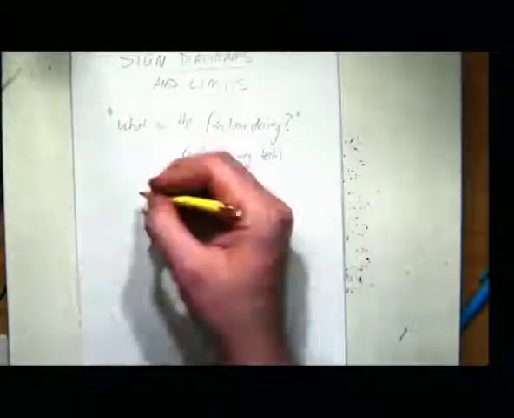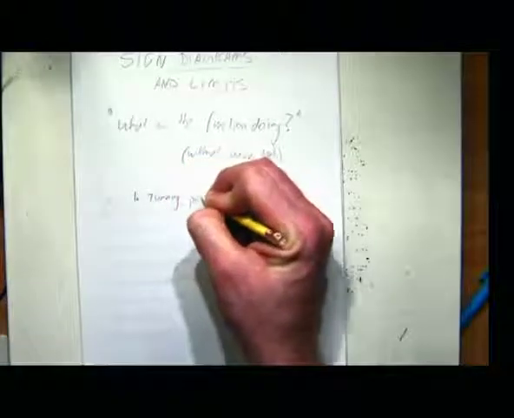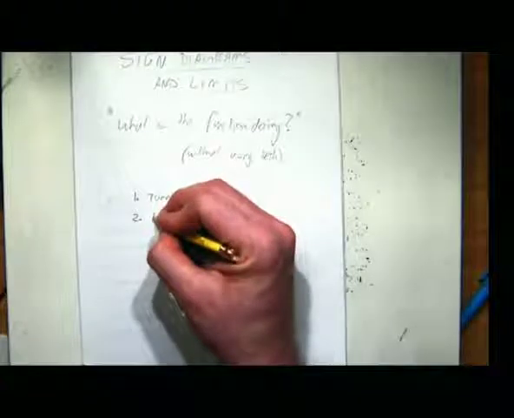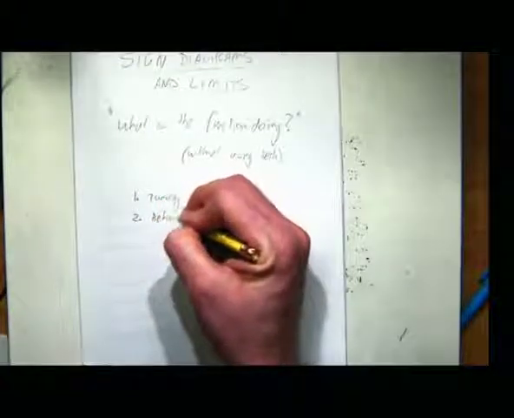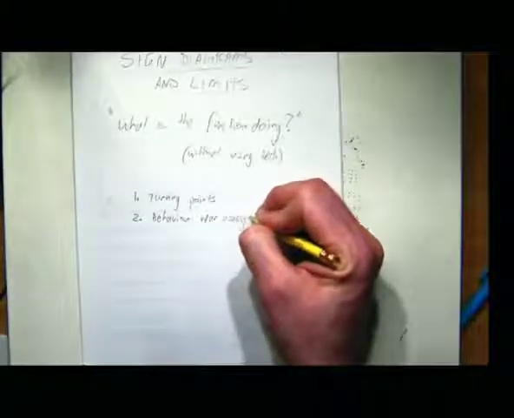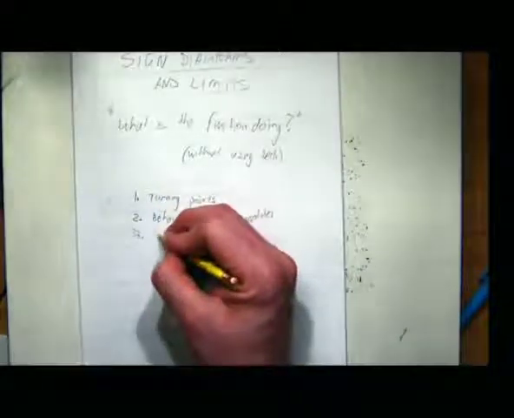Actually, I might just put a list. We want to know turning points, behavior near the vertical asymptotes, and end behavior.